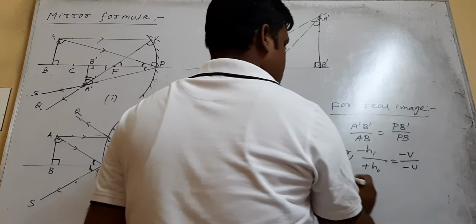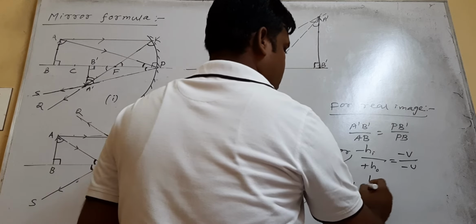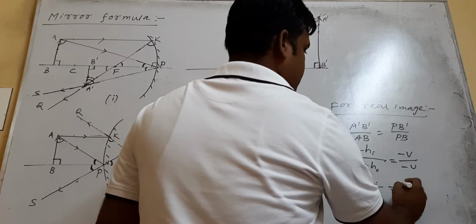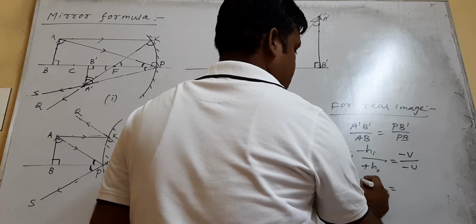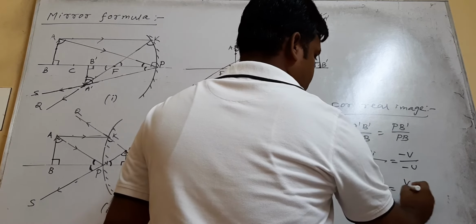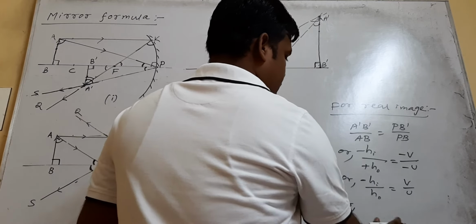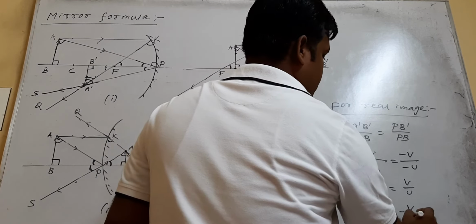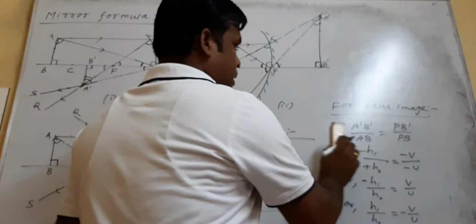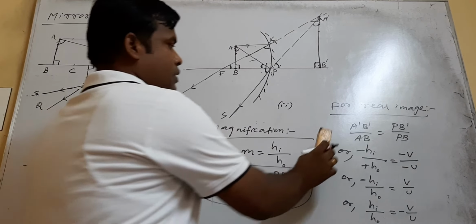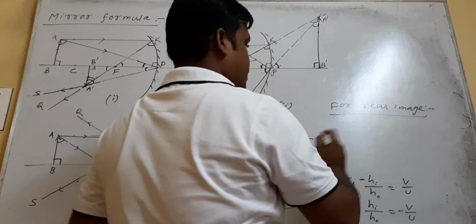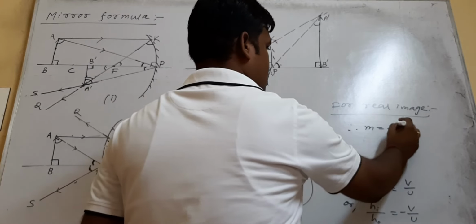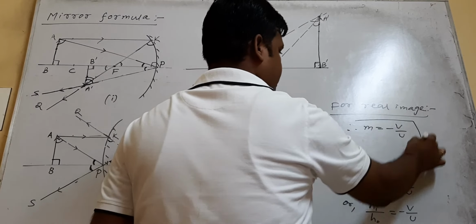So you will get here minus hi by ho equals v by u, or hi by ho is equal to minus v by u. What is hi by ho? That is magnification. Therefore m is equal to minus v by u.